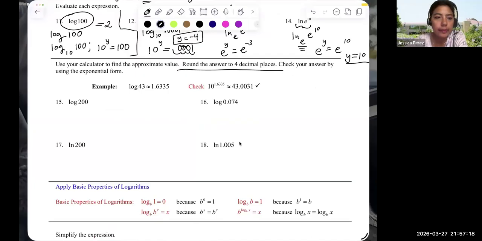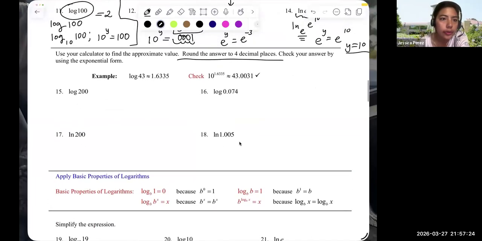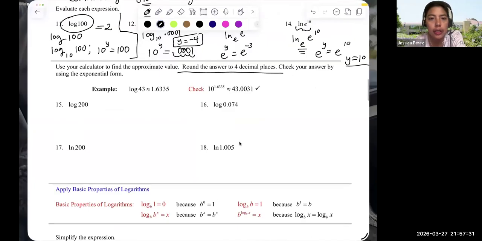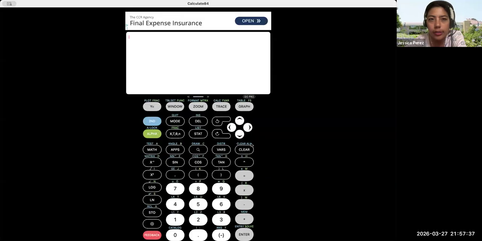Hello everyone, welcome back. For the following parts in this section, we are going to look at how to use your calculators when using logarithms and then rounding to 4 decimal places. So we'll start by doing the following. Let me go ahead and share my calculator so you can identify the feature.